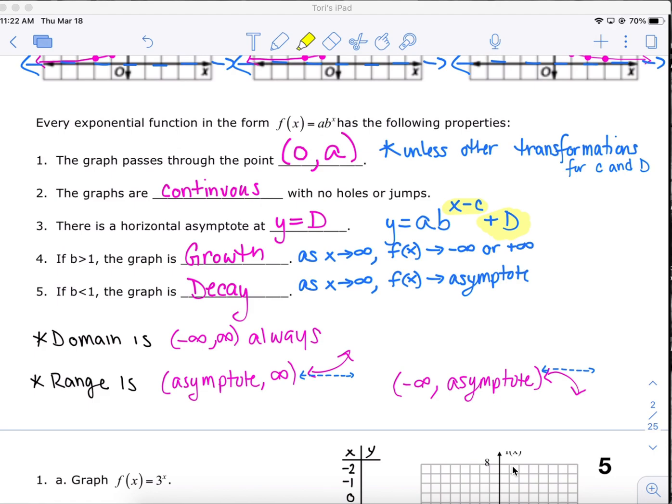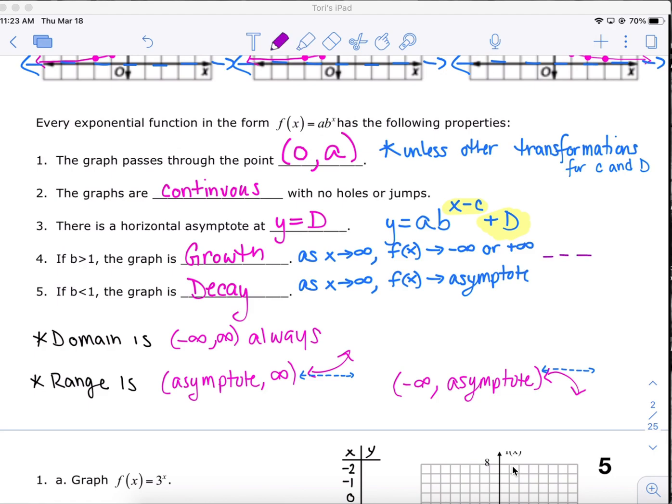We talked about growth and decay a little bit. Let's look at that for end behavior, sorry. As x moves to the right, so as x is going positive, your graph is growth if your f of x is approaching either positive or negative infinity. So let me show you what that means.